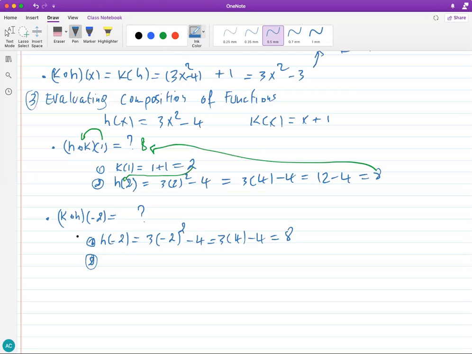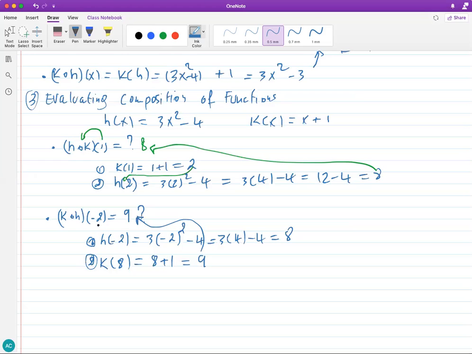That's right, k of h. So we found this h of negative 2 is 8. So this is 8. It's going to go into the first one. So we're going to do k of 8. K is this one. So we're going to plug the 8 here, and here would be 8 plus 1. And that's it. So the number we're looking for is 9.